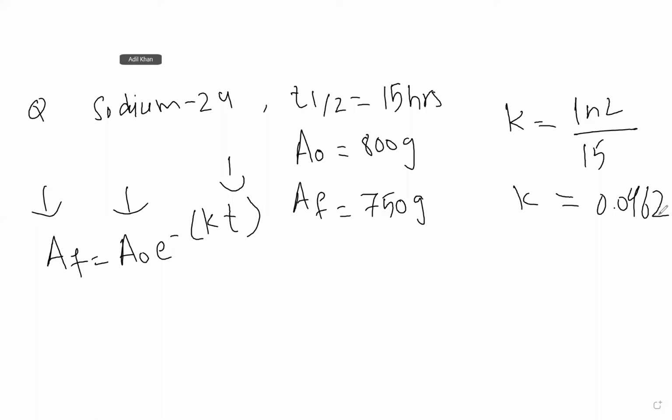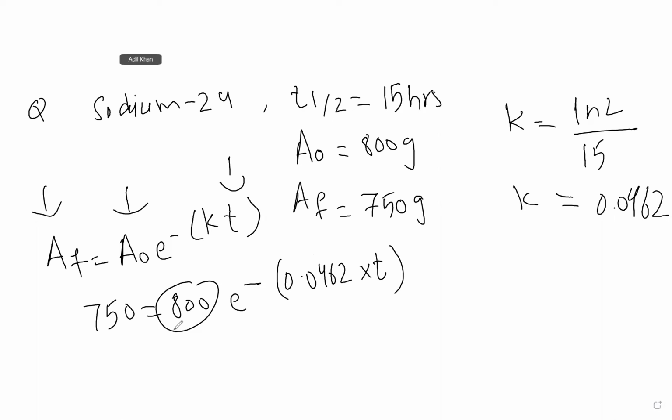Okay, perfect. Now let's plug in and find the t. A final is 750, A initial is 800, and the exponent is negative 0.0462 times t. Let's move this 800 over here.